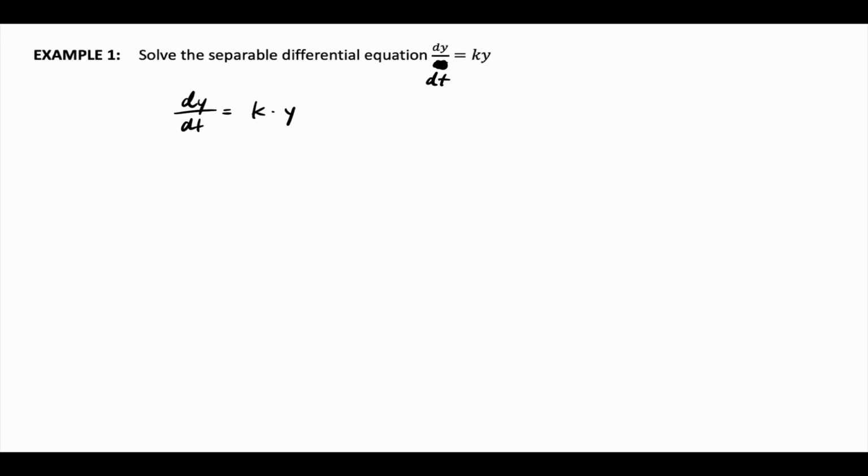So t is the independent, y is the dependent. So we're going to get t's on one side, y's on the other, just like we've been doing. So we get 1/y dy equals k dt. Okay? And then we integrate both sides like we've been doing.